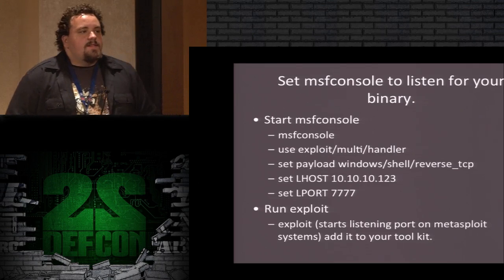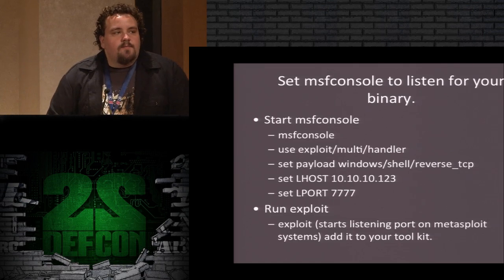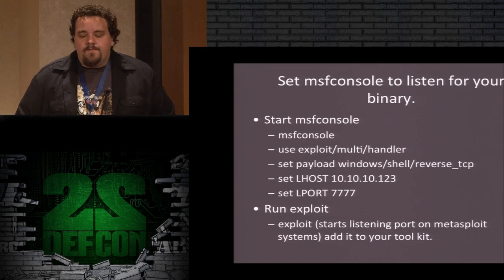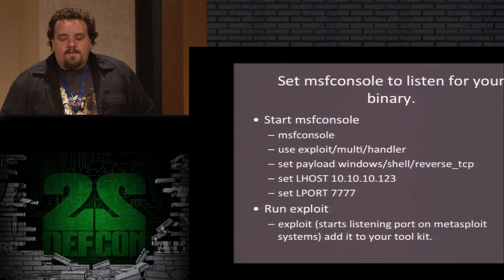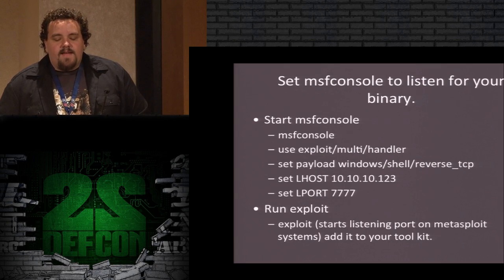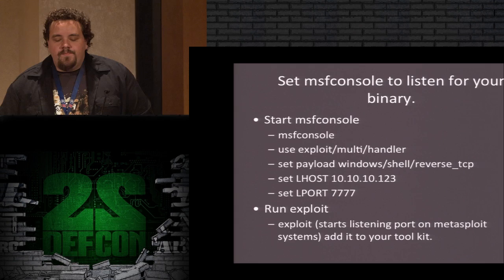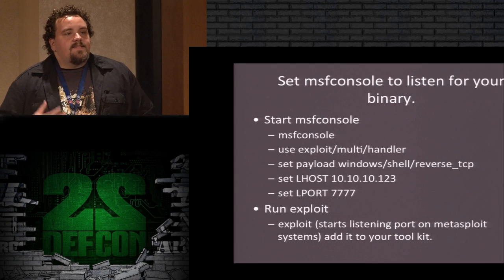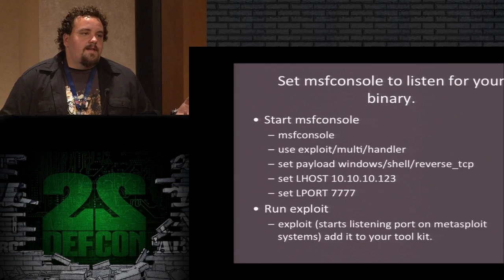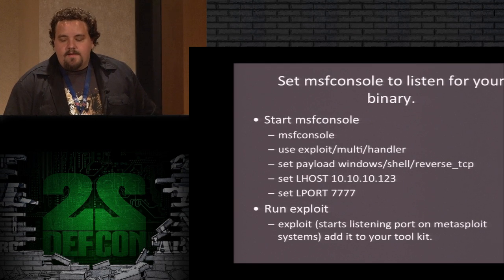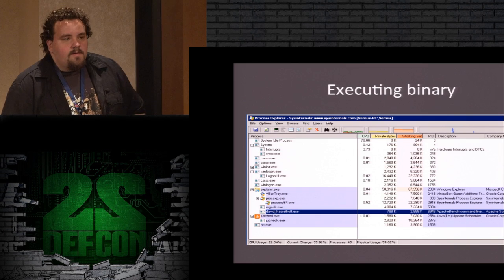So at this point, we need to set up a listener on Metasploit to listen for this instance. So we're going to start the MSF console. We're going to use the exploit multi-handler, and we're going to set the LHOST and the LPORT. And at this point, you're ready to listen for this incoming connection. You send the binary to the user. They execute it. Here's the PS example.